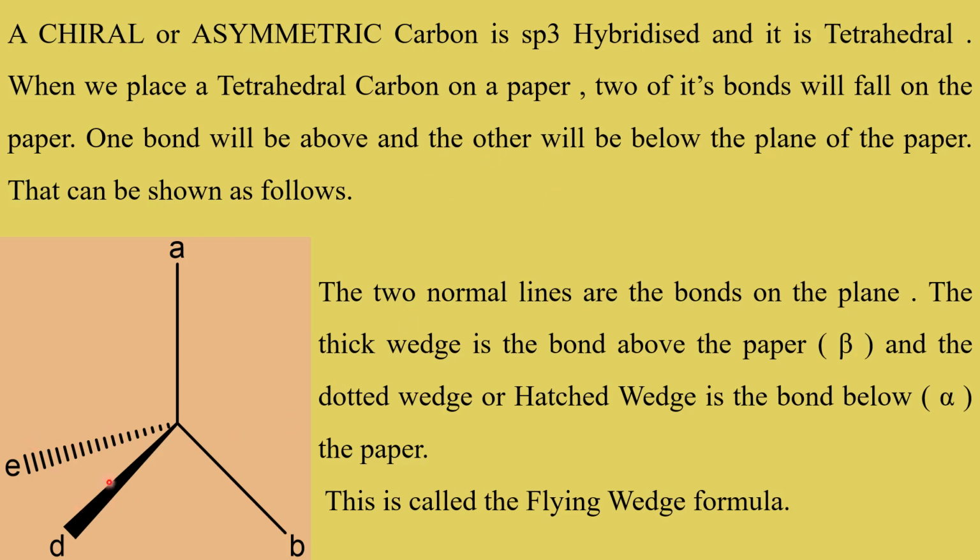The one that is above the plane is called beta, the other one is alpha bond, the other two bonds are remaining on the plane. So the two normal lines are the bonds on the plane. These are solid lines. The thick wedge is the beta bond and the hatched wedge or the dotted wedge is the alpha bond. And this is how a chiral carbon is represented with a flying wedge formula.